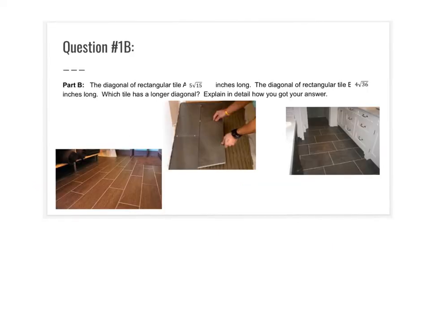Okay, we have question 1B. The diagonal of a rectangle, that's the part that's in black right there, that diagonal from corner to corner on opposite sides of this tile. For tile A, the diagonal is 5 square root of 15 inches long.